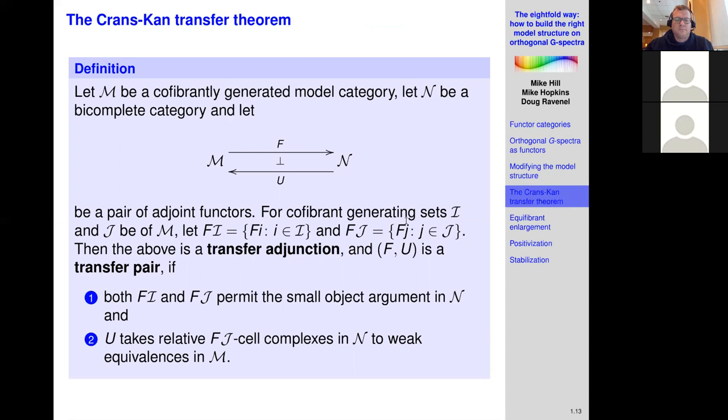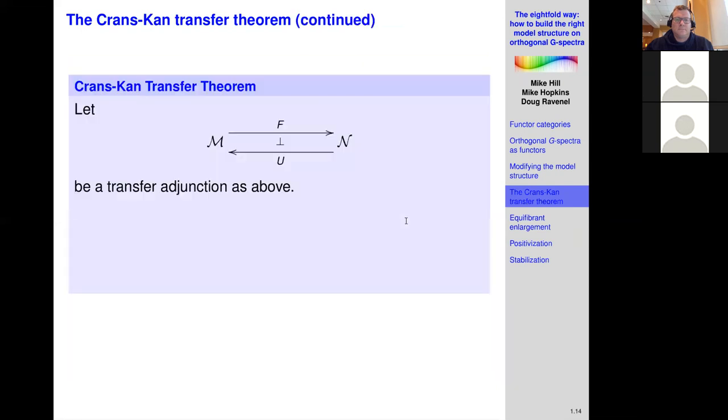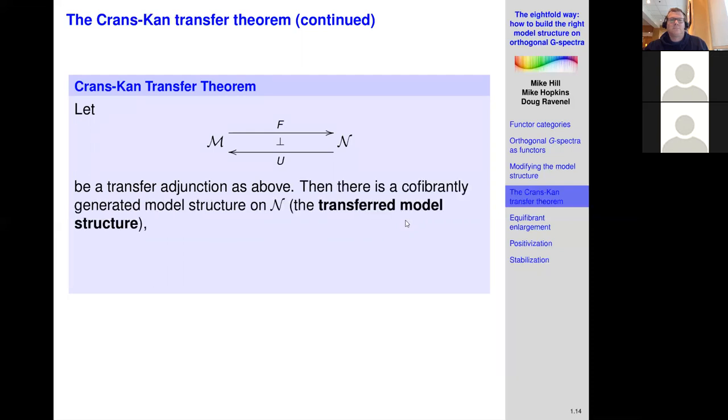Now, the reason I want this is because of this theorem. Let's say we have a model category M and a bicomplete category N and a transfer adjunction between them. Then you can get a model structure on the second category N, known as the transferred model structure, in which Fi and Fj are the generating sets.